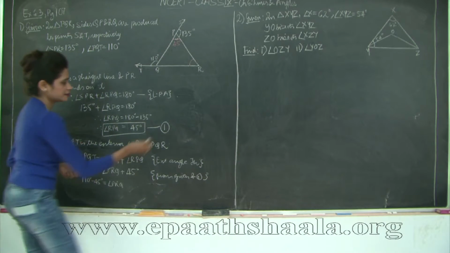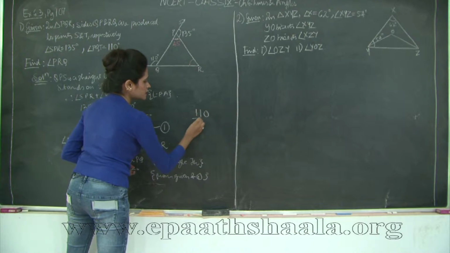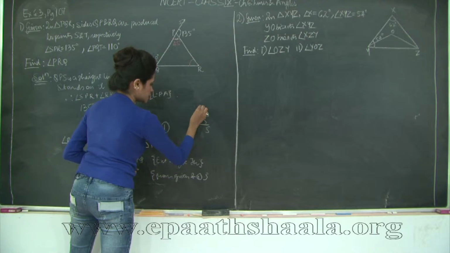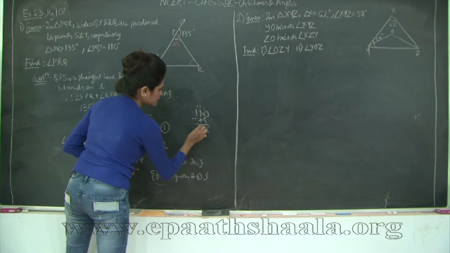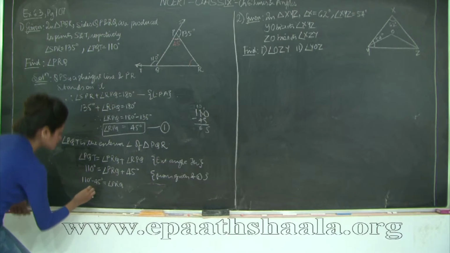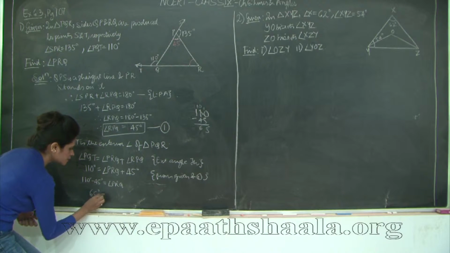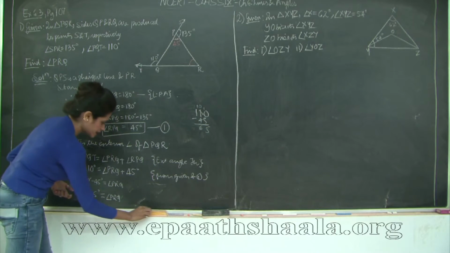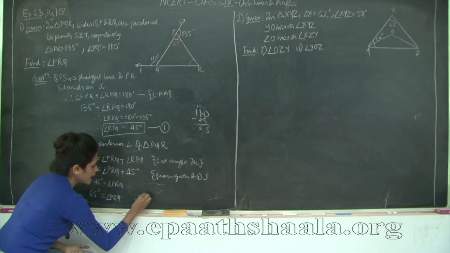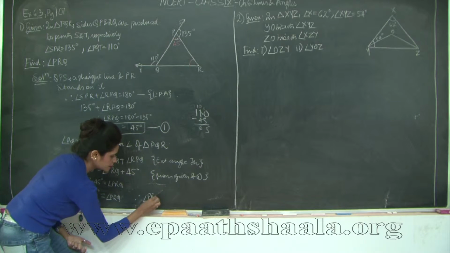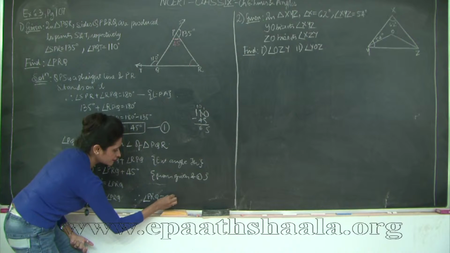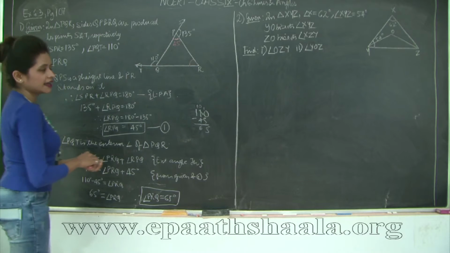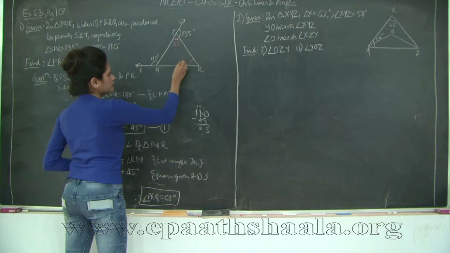Let's calculate this. 110 minus 45 is 65. So 65 degrees is equal to angle PRQ. We can just rewrite this. Therefore, angle PRQ is equal to 65 degrees. Hence, we have found this angle, and let's mark it in our diagram as well.